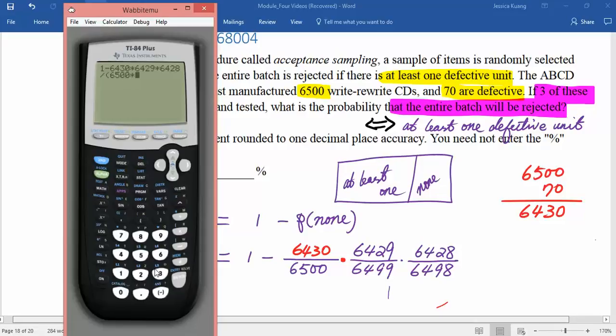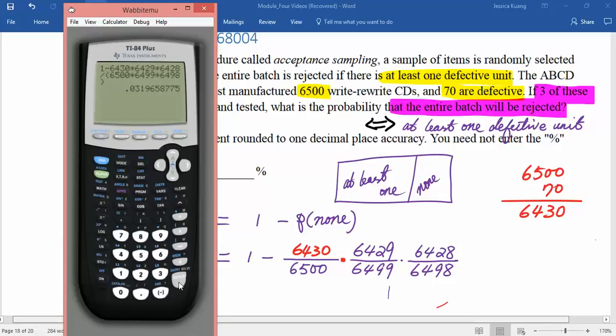So I multiply across the top and across the bottom: 6500 times 6499 times 6498. Close the parentheses, and this will be my answer.